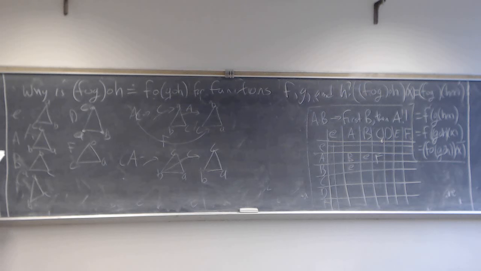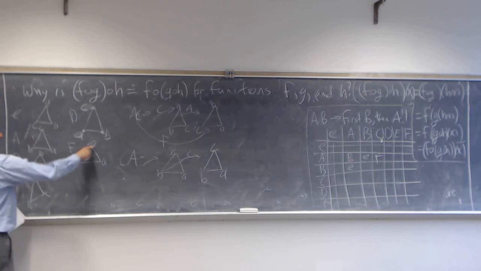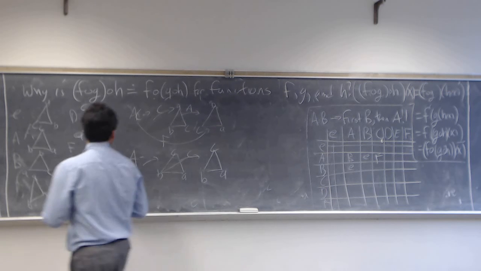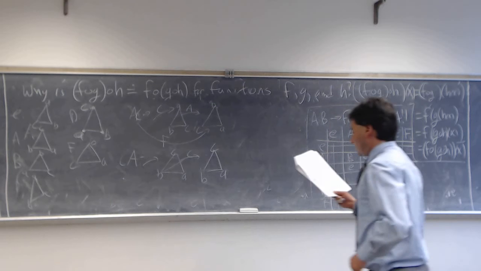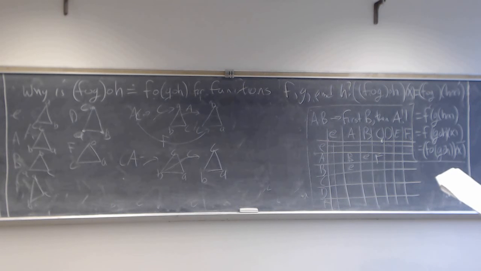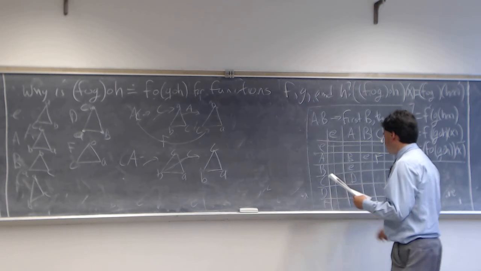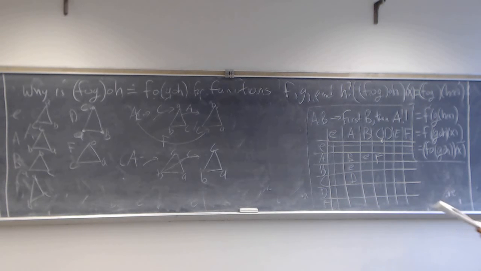Then F was the one that fixed this lower left vertex, so that would be that one there. So what do we get? CA, according to my notes here, should be D. So again, CA would be A first.